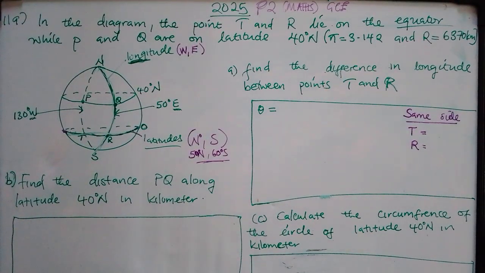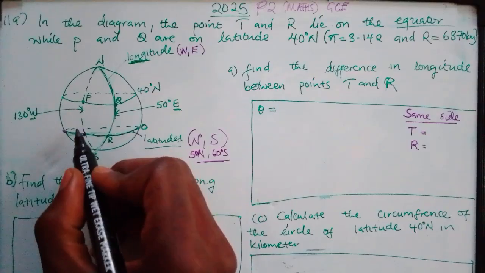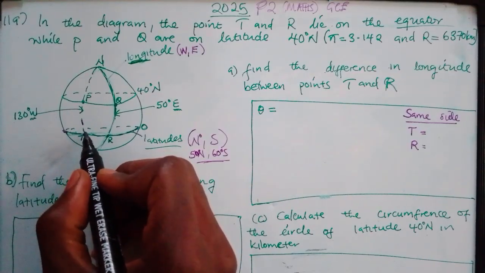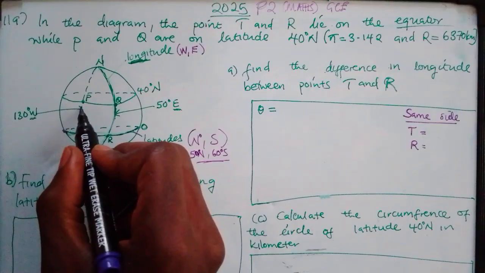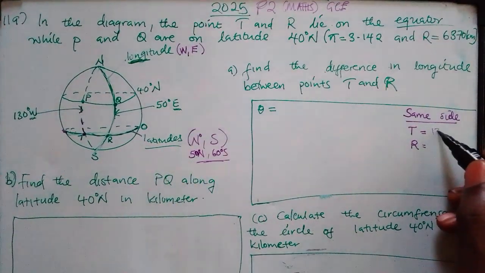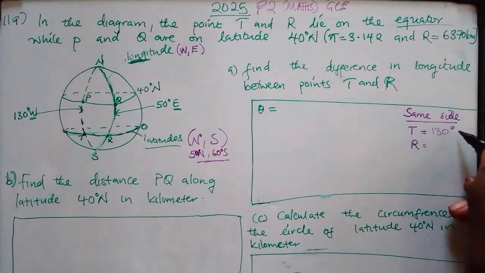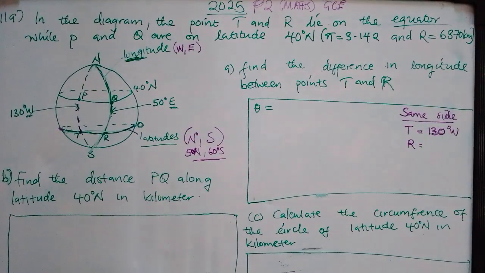I told you longitude always has east or west. So you go to your diagram where T is, then you start going up following this line, because we said that these lines are known as longitude. When you reach here, you can see that T has 130 degrees west as its longitude.